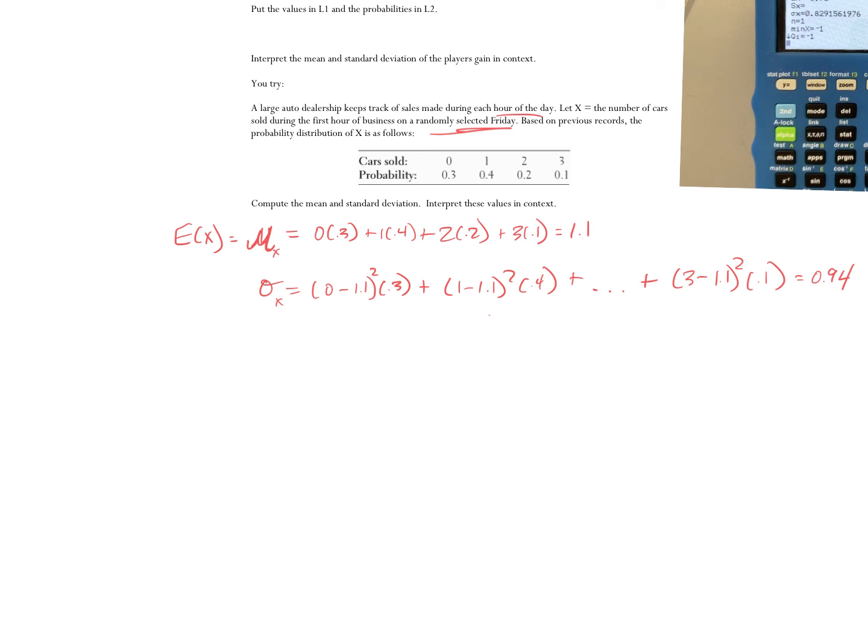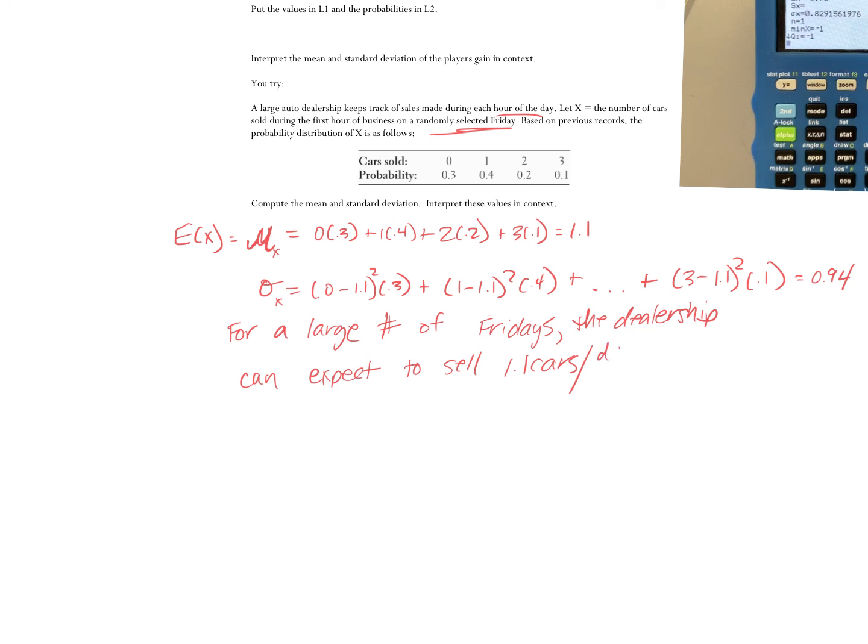Yes? So for a large number of Fridays, the dealership can expect to sell 1.1 cars per day.